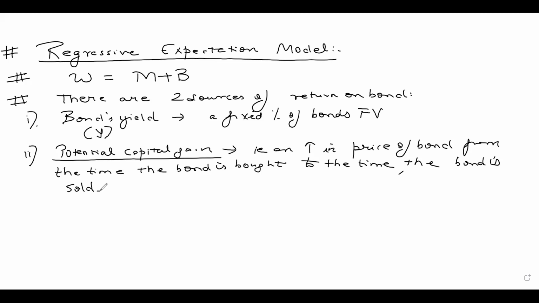Now all students can recall that R used to denote what? R denotes the market rate of return on the bond.